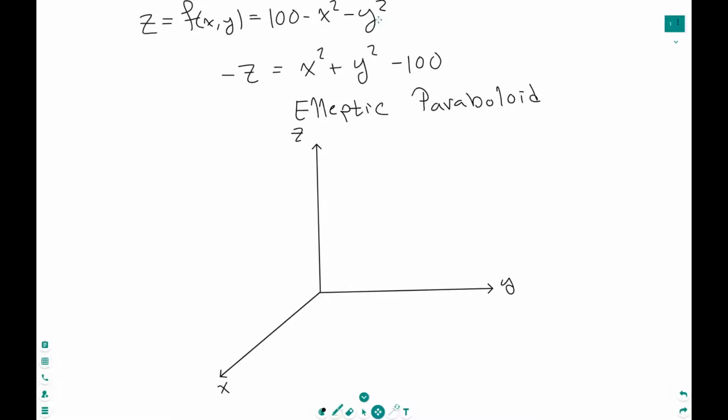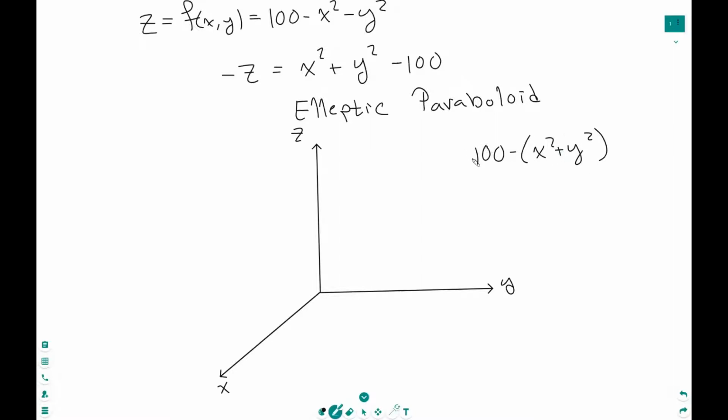Now the range, however, I should be a little bit cautious because I have 100 minus, and I can write that as 100 minus the quantity x squared plus y squared, like that. This thing is always going to be positive, right?